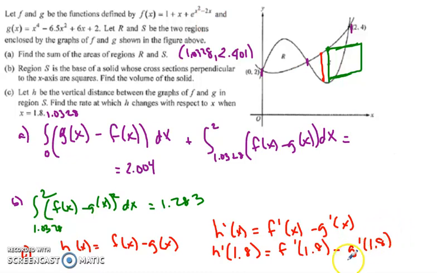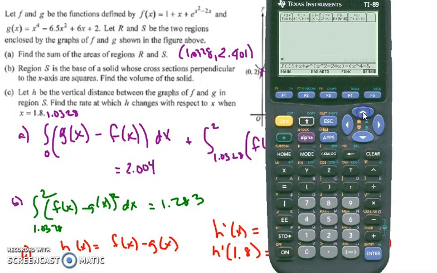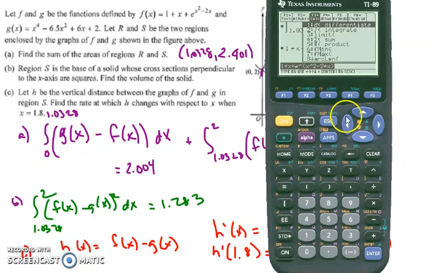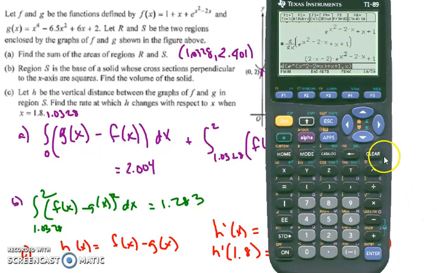So let's go back to the calculator again. And we're going to go up first to the f function, which was the 1 plus x function, which is right here. And I just hit enter to bring it back down in, but what I really want to do is differentiate it. So differentiate, grab it, comma x, close parentheses, and then we're going to evaluate this derivative at 1.8.